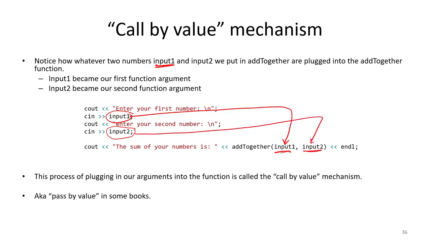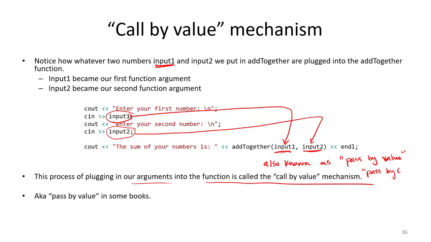Whatever we put in input 2 was plugged in for our second argument. So this process of plugging in our arguments into the function is called call by value, also known as pass by value. Sometimes people even call it pass by copy.